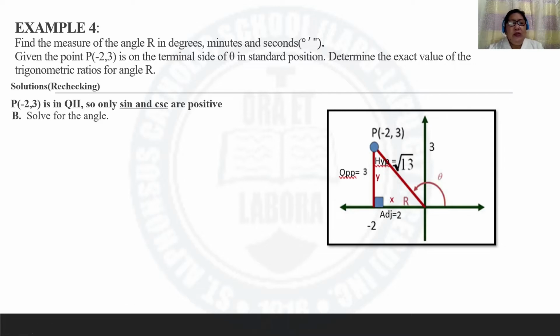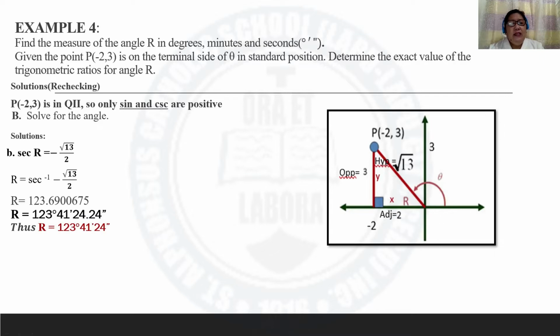If you would like to recheck the value of the angle, you can use another trigonometric function like secant R, and the ratio is negative square root of 13 over 2. So we can use the concept of inverse trigonometric function. R now is equal to secant to the negative 1 of negative square root of 13 over 2.